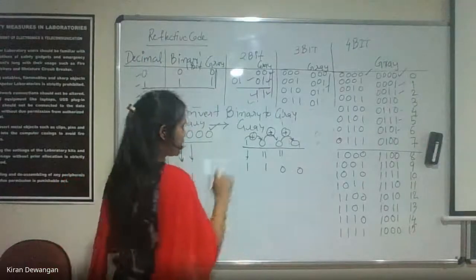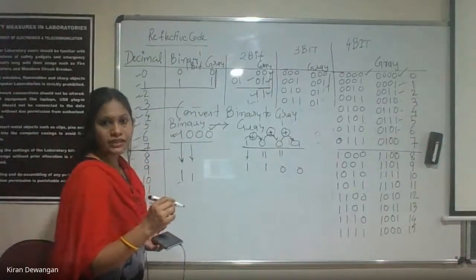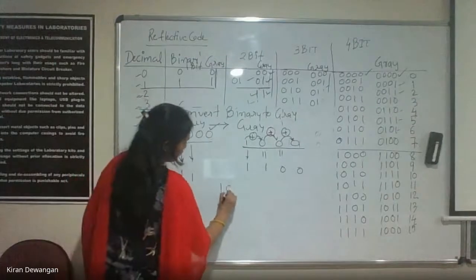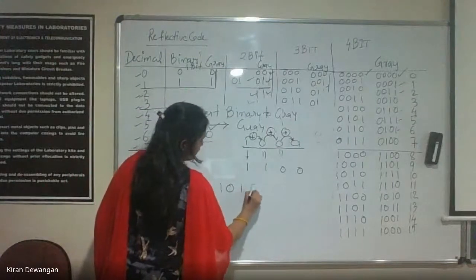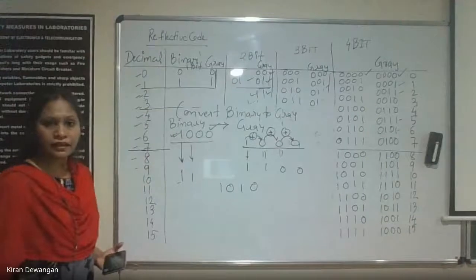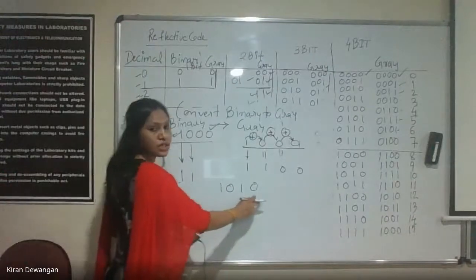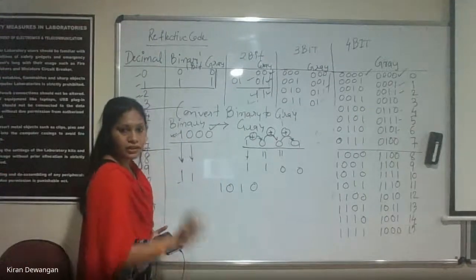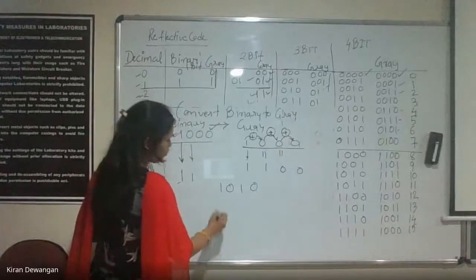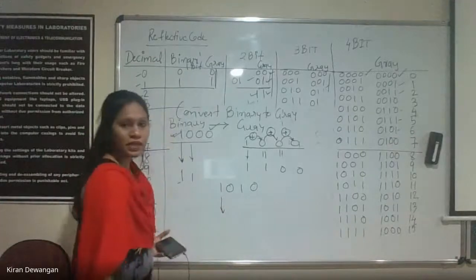What have we done? Let us take another example. Let me have 1 0 1 0. Clear? I've taken 1 0 1 0 as the binary number. Now what would be my MSB of gray?